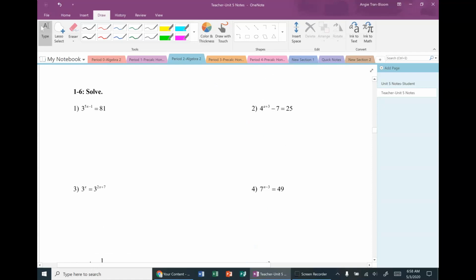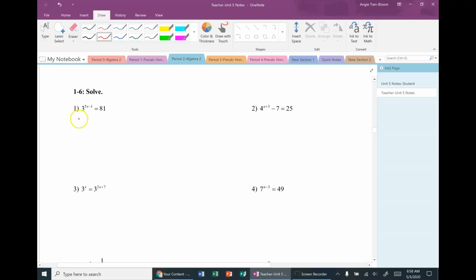Example 1, 3 to the 5x minus 1 equals 81. As you can see, 81 is not the same as the base of 3. So the bases are not the same right now, so what we want to do is make the bases the same.